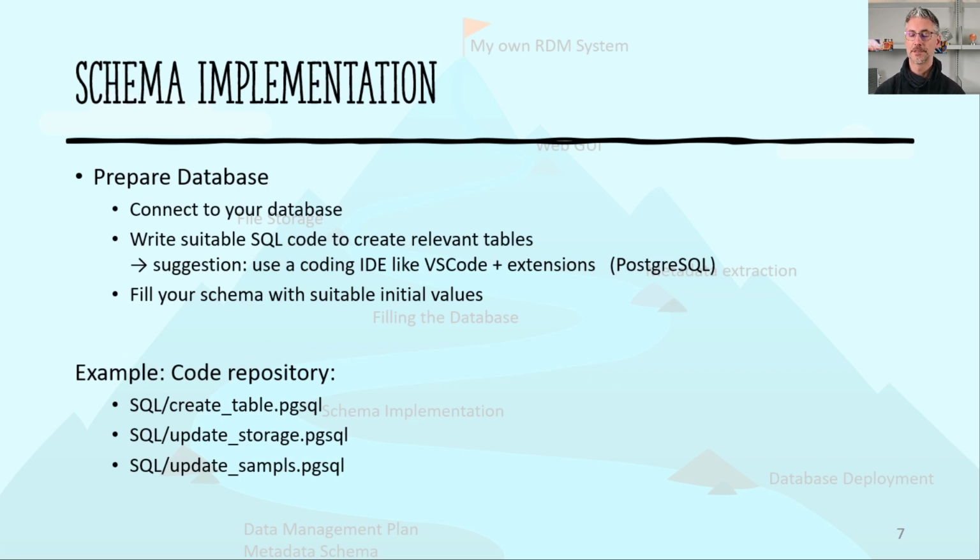And once you've settled on a database technology, and if you use a relational database, prepare the schema and prepare the database, connect to the database, write usable SQL code, for example. Ideally use a coding IDE and use Git to manage your code. There are some examples in the code repository that work with PostgreSQL.